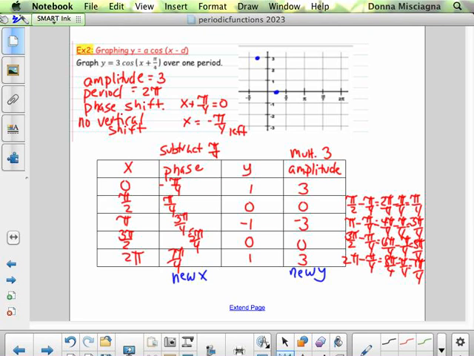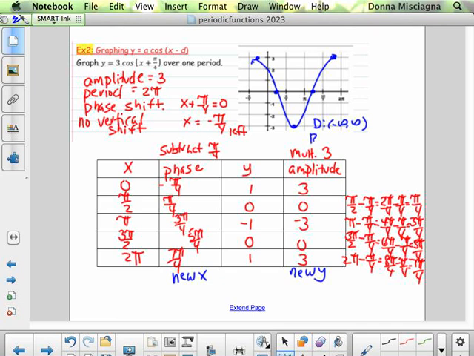So notice how evenly spaced everything is, and that'll always be true. Then we have 5 pi fourths, 0, and 7 pi fourths, so that would be right here in the middle, 7 pi fourths, 3. And we'll go ahead and graph. Domain, negative infinity to infinity.